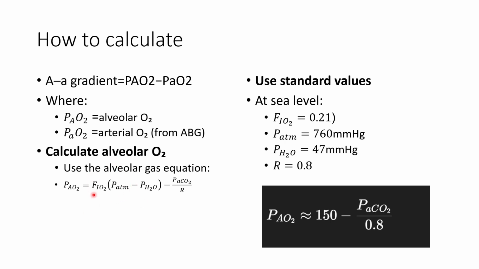Multiply it with atmospheric pressure minus the pressure of water, and from that whole value subtract PaCO2 by R. R is 0.8, the usual number. So again, FiO2 is 0.21, atmospheric pressure 760, PH2O 47. If you put the fixed values, it comes to 150 minus PaCO2 by 0.8 if the patient is on room air.